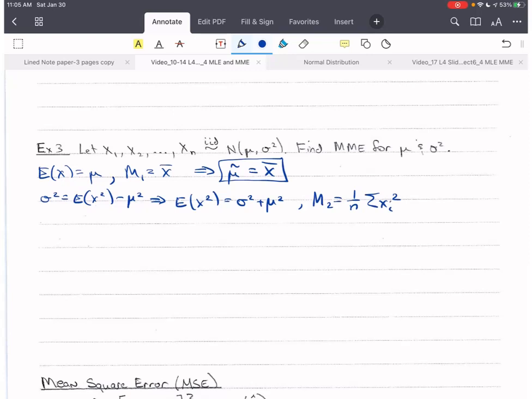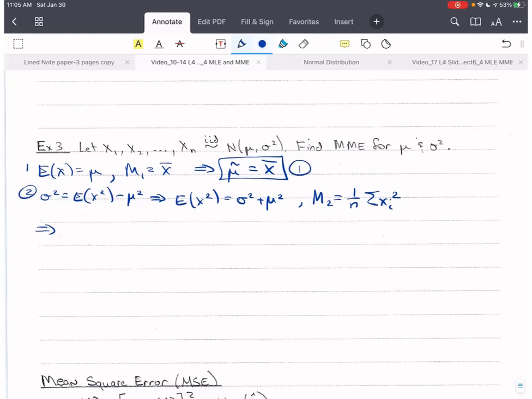So for 2, this implies 1 over n sum of xi squared is equal to sigma squared plus mu tilde squared, okay, which is equal to sigma squared plus x bar squared.